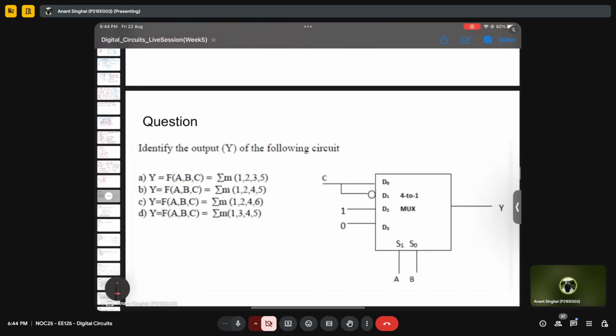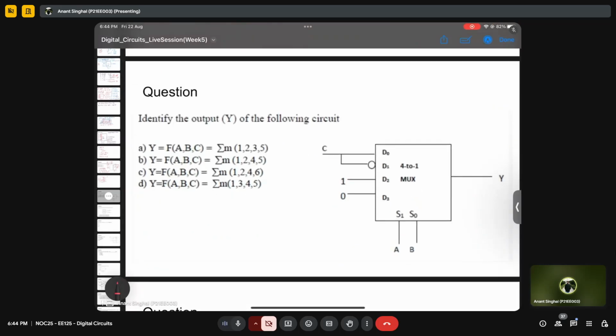Again, we have some similar problems. Please let me know the answers quickly. This is again an easy problem. Decimal to BCD.